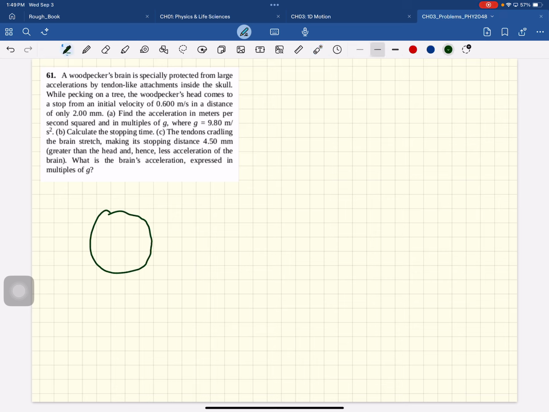here's a woodpecker, here's a beak, and the woodpecker is going at 0.6 meters per second. And it stops over a distance of 2 millimeters. 2 millimeters is that much. Okay, so we'll find the deceleration of the head.